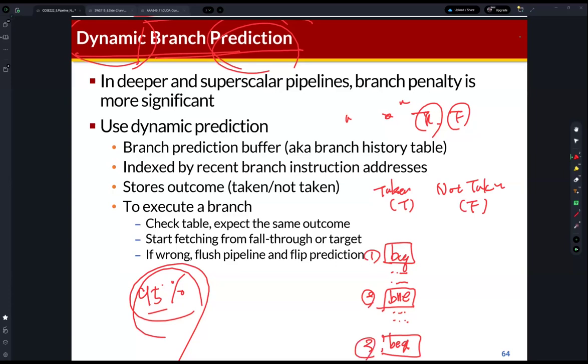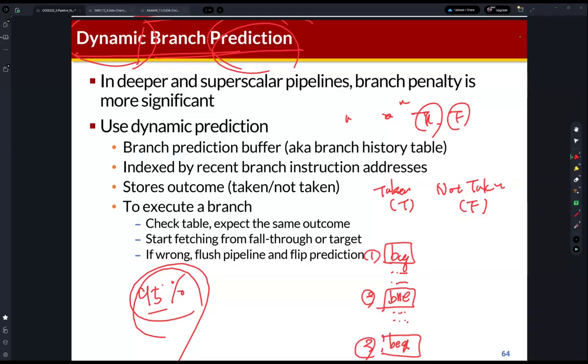But it can be dependent, right? Even though I said that the behavior patterns of branch instructions are independent, based on some code structure the behavior can be dependent. But usually we can expect that the behavior of these branch instructions is independent, right?